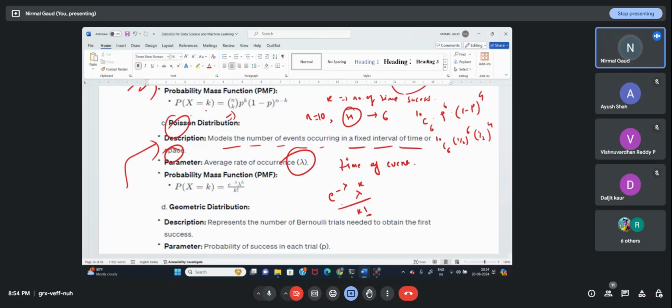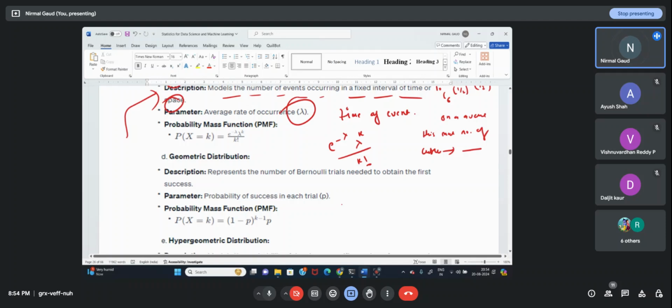So the question can be like, in Poisson distribution, that on an average this much number of customers do visit the shop, then how many customers will be visiting the shop from 12 noon to 1 p.m.? From 12 noon to 1 p.m., how many customers are going to visit the shop?